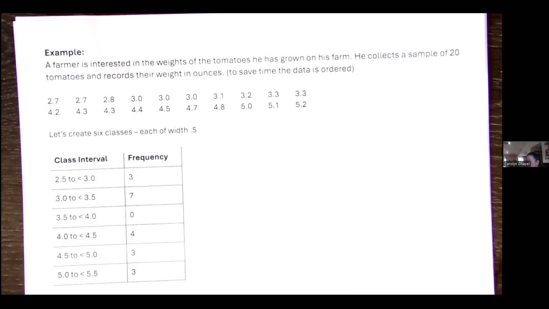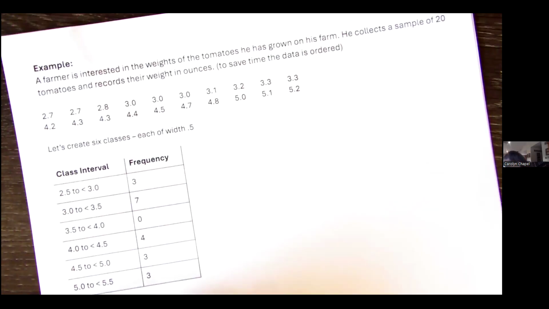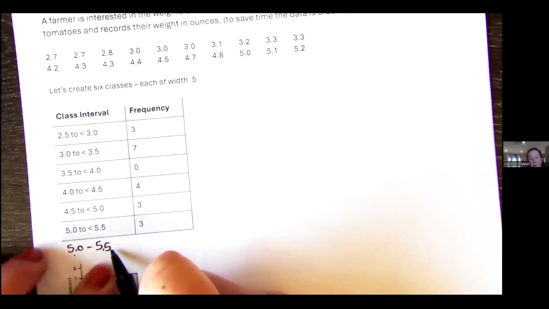The thing to remember when we are doing a histogram is these intervals will slide from one right into the other. And by rule of thumb, when they just write 5.0 to 5.5, they are going to include the 5.0, but not include the 5.5.